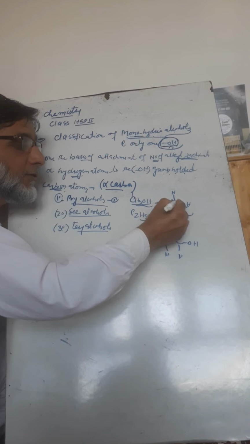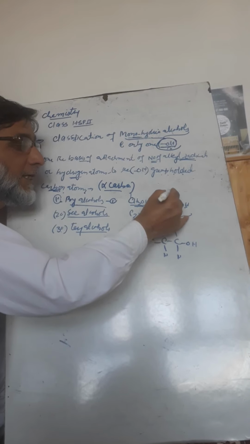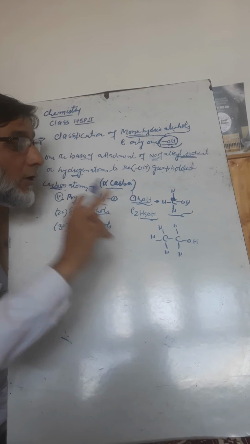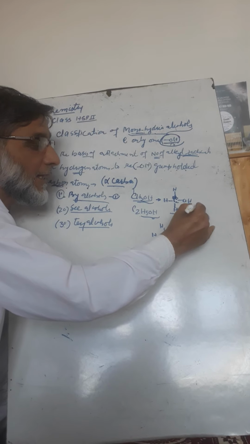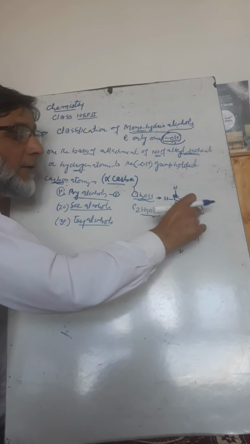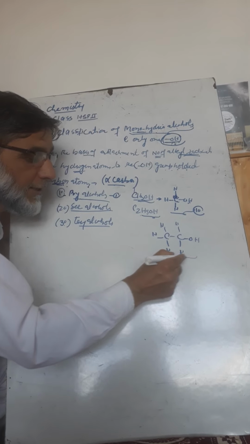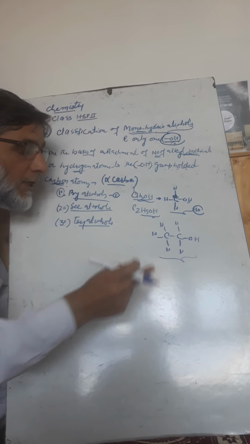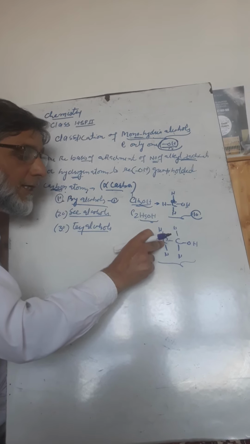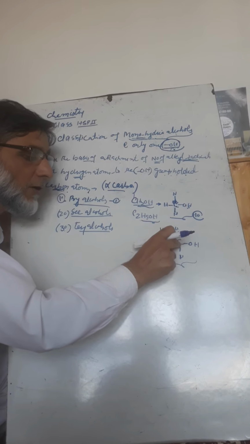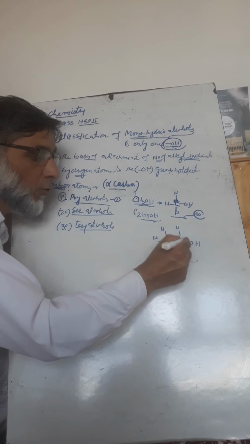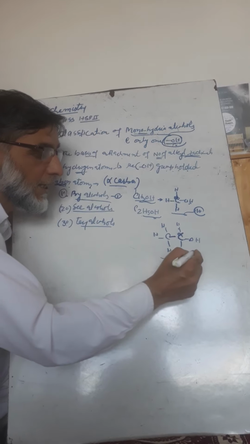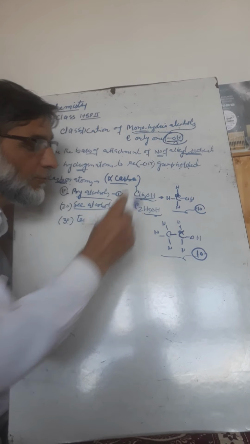This carbon is attached with 3 atoms of hydrogen but no carbon atom, and such an alcohol is called primary alcohol. Now let me take this example. Let me first identify the carbon holding the hydroxyl group. It contains 2 carbon atoms, but this is the carbon holding the hydroxyl group. This carbon is attached with 1 carbon and 2 atoms of hydrogen. It is called primary alcohol.